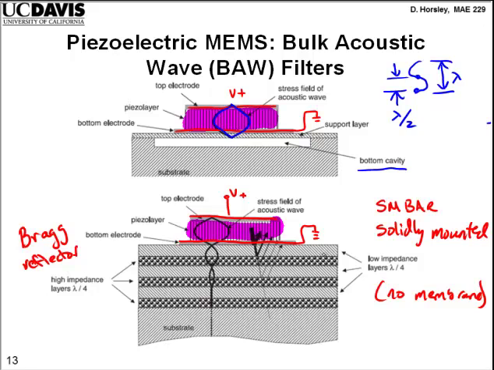The low impedance layer is shown at the top, the crosshatch, and the high impedance layer is shown darker. Each has a thickness equal to 1/4 of the wavelength, lambda by 4. So these are quarter wave reflectors, alternating high and low impedance pairs.